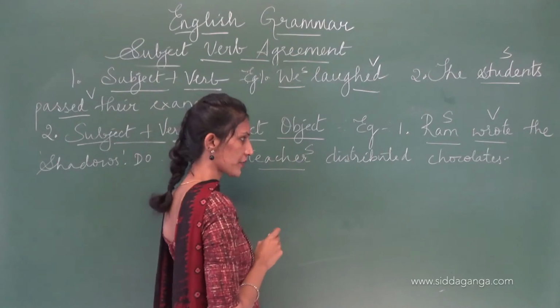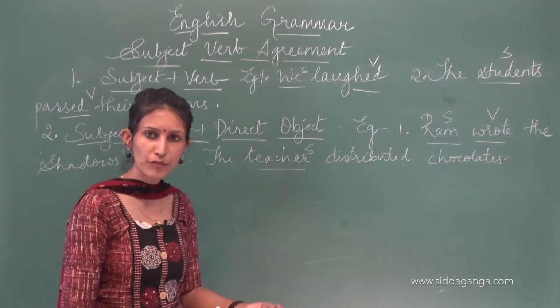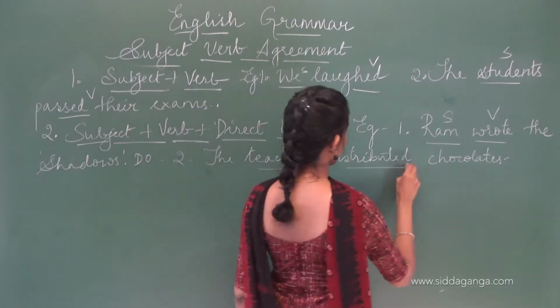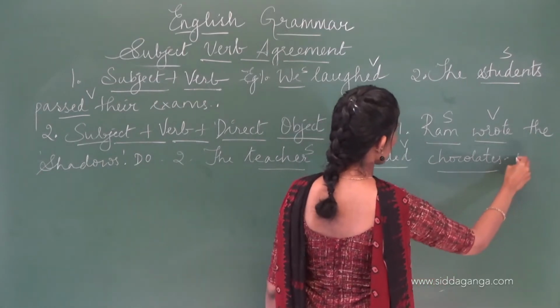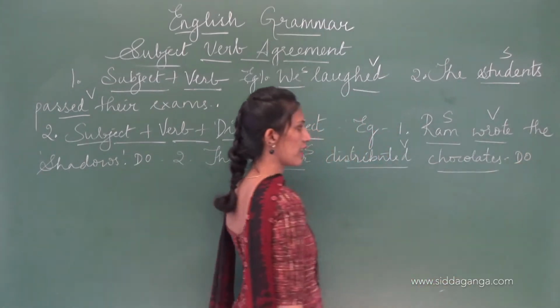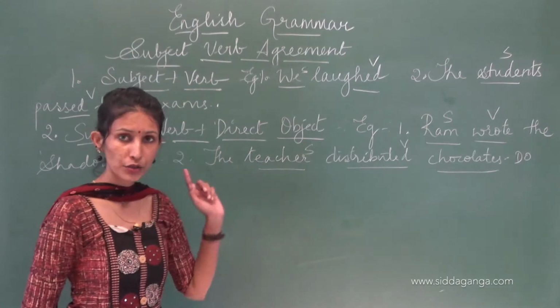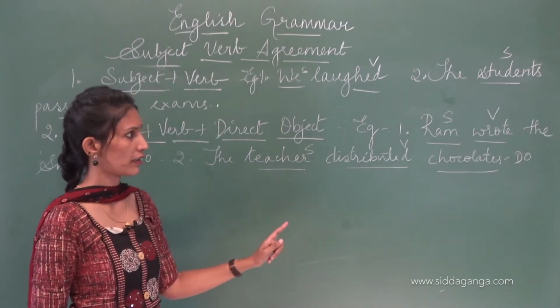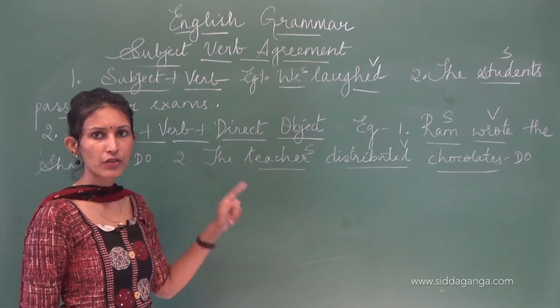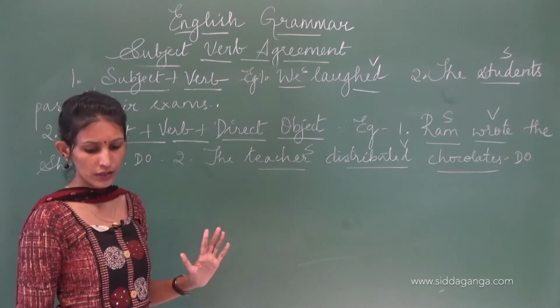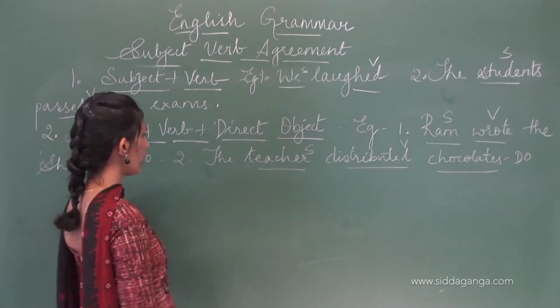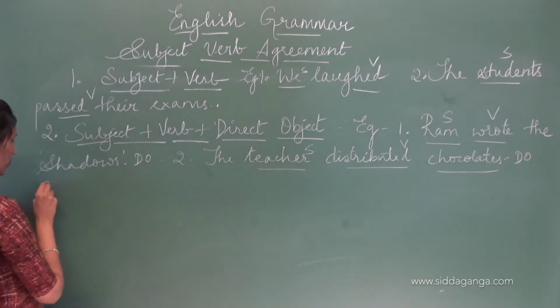She is doing an action. What is that action? She is distributing something. Distributing becomes the verb and chocolates becomes what? The direct object. You concentrate properly, you will understand it. Write down at least 2 or 3 examples for your reference. Next, one more example we'll write.